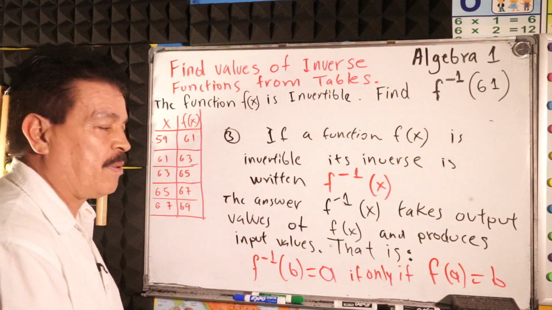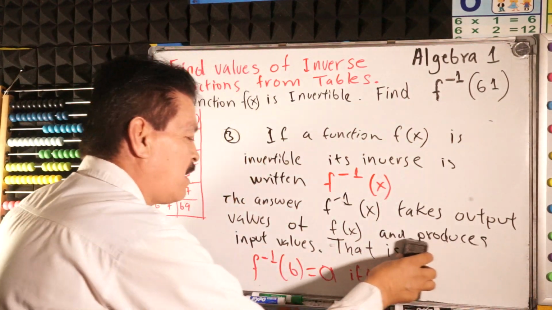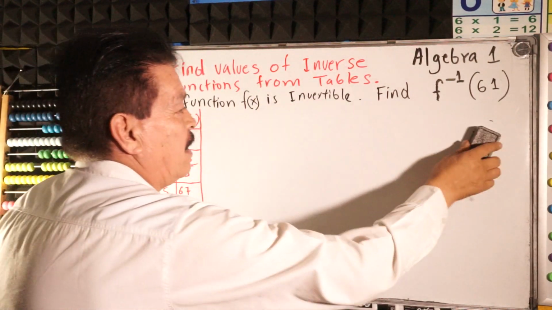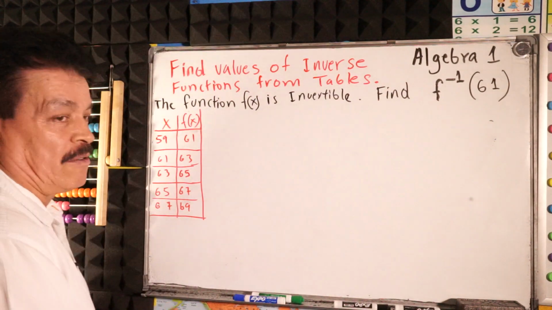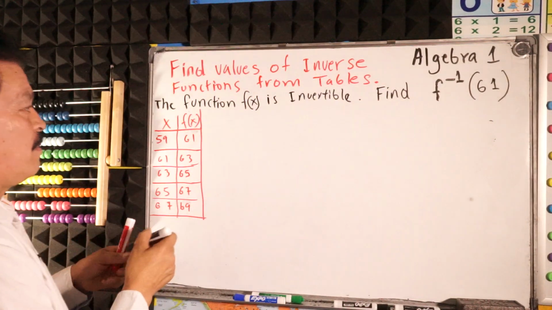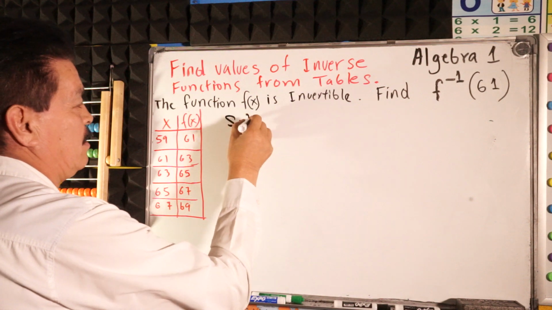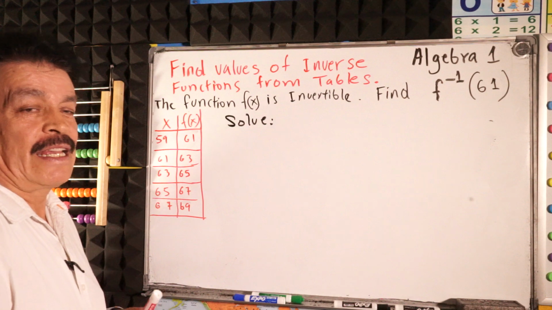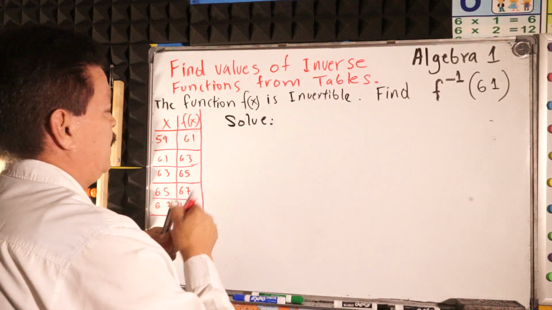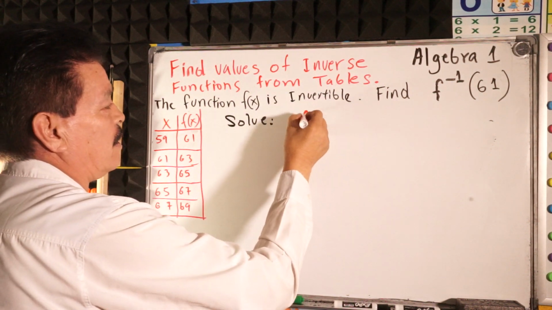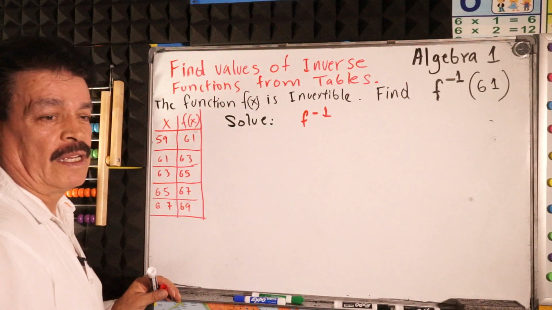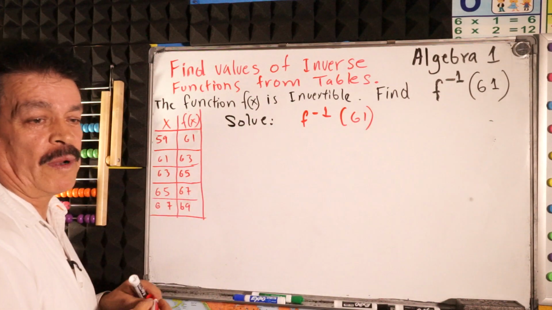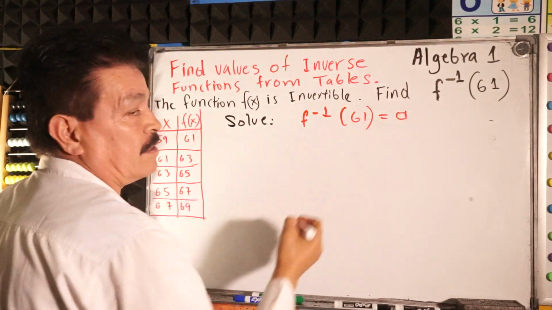Very easy, very simple. This is not a complex problem, so I would like to always explain what I mean in my class. So now, let's solve our problem. Let f to the negative 1 of 61, because this is our problem, equal a.